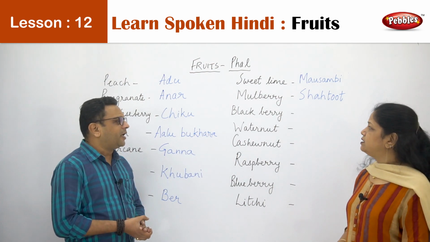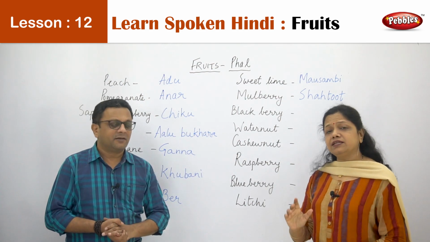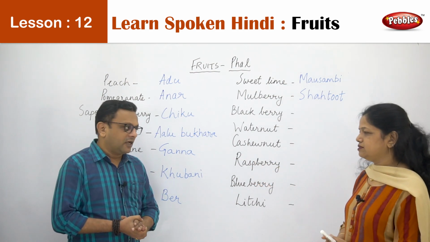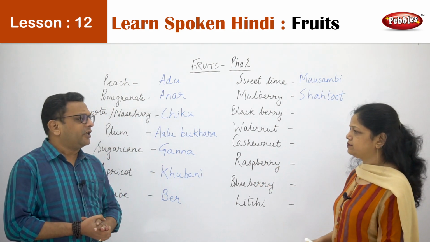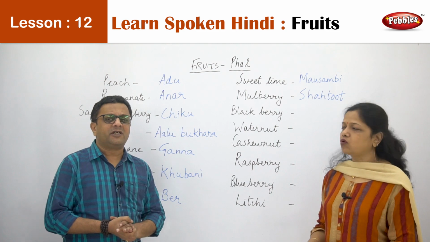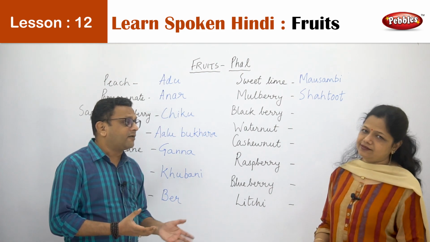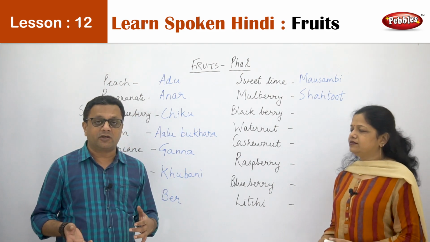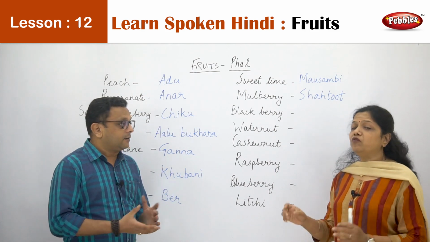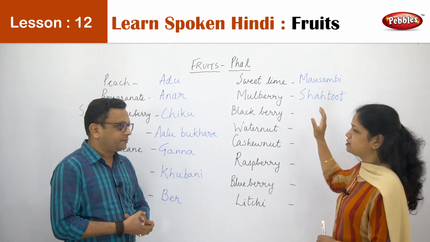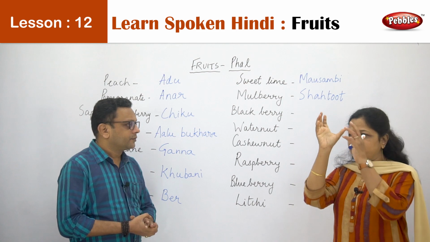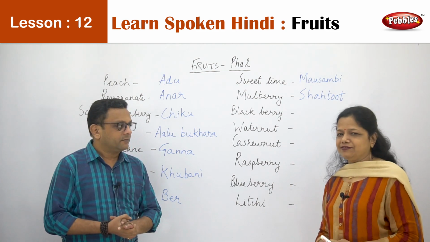They are available maybe in some hill stations. You will find more in hill stations. Even in city malls it is not common, because these are seasonal fruits, and they are very delicate while transportation, but they are very tasty to eat. The shehtoot is a very small fruit, but it's available in bunches. And it's very tasty to eat.